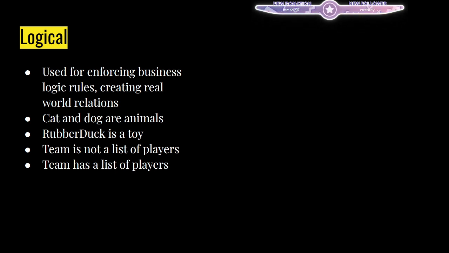Reusing code, or again, semantically implementing an interface or semantically reusing something, doesn't make sense. Examples of that: cat and dog are animals, right? So that is logical. Rubber duck is a toy, that is logical. Team is not a list of players, that is true. Team has a list of players.